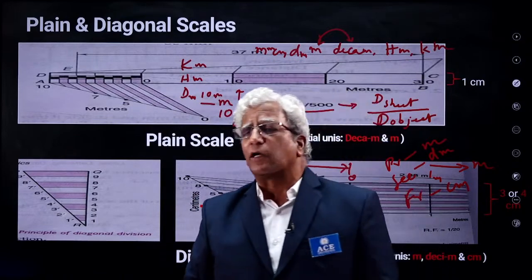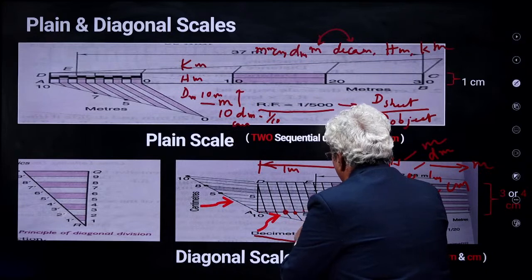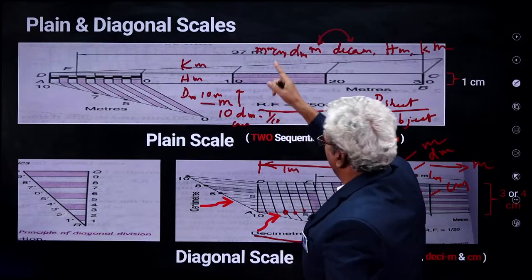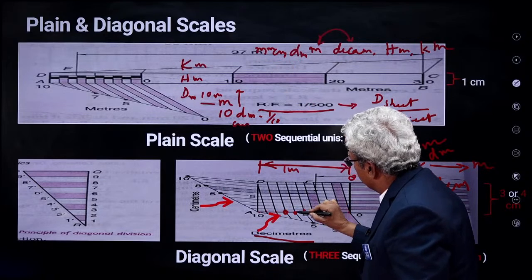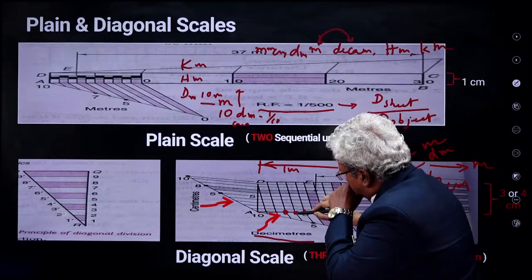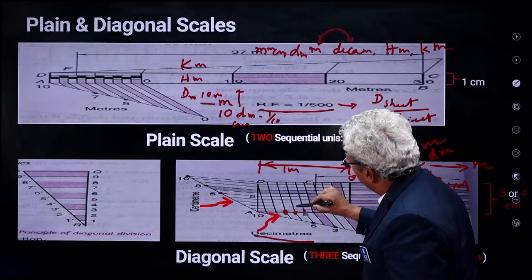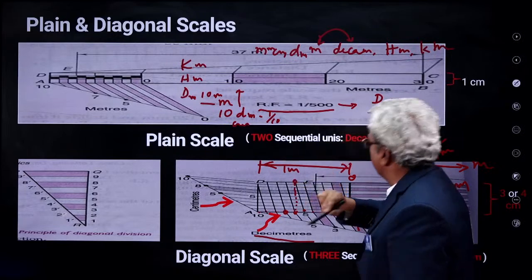For that, we will measure these 10 parts of centimeters by taking a diagonal line. How? You see, for this distance, this unit vertically if you go, it will be here.